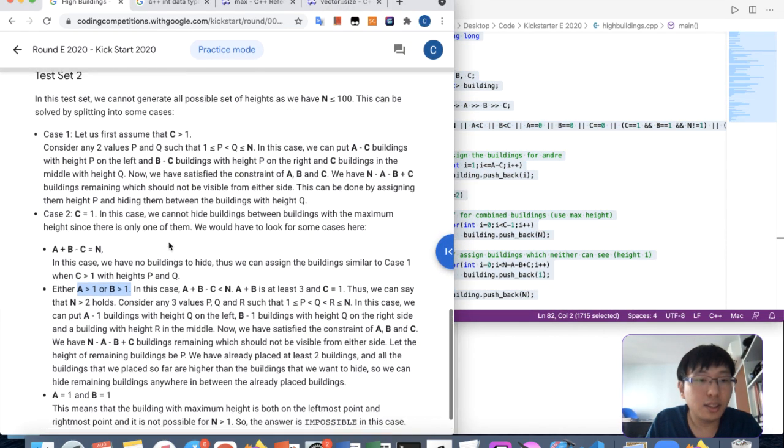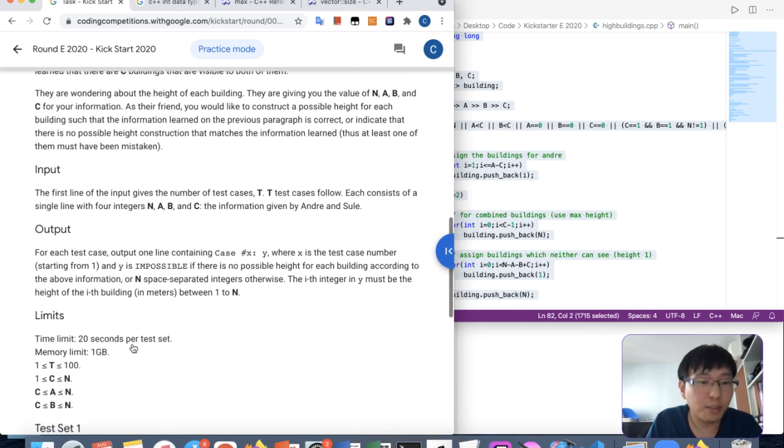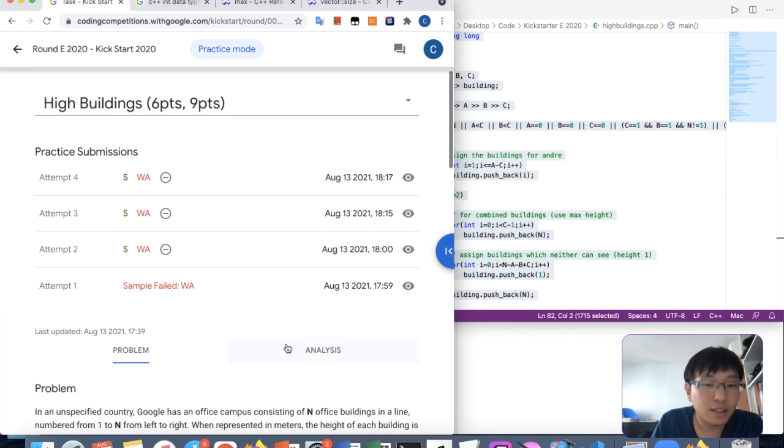But they didn't say that their A, B, C must be constrained by, oh, actually they did.